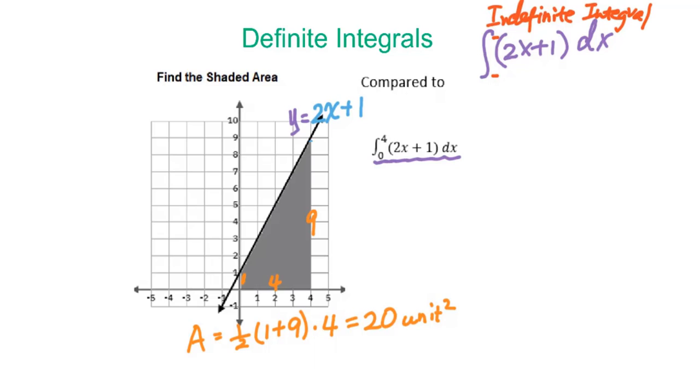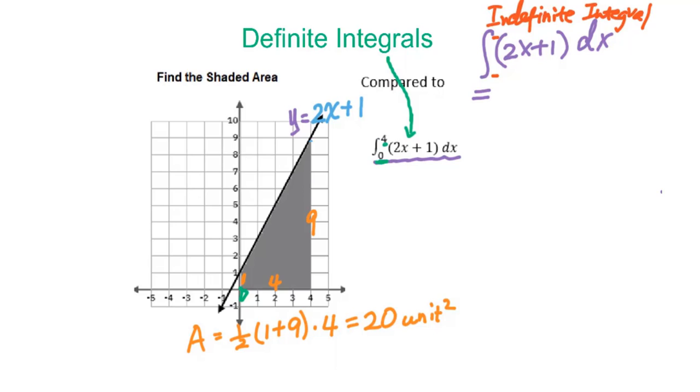If we put a number, from 0 to 4, just like from here, 0 to 4, then we call this integral a definite integral. We will work this out as an indefinite integral first. Then you need to plug in 0 and 4 separately, then do the subtraction.